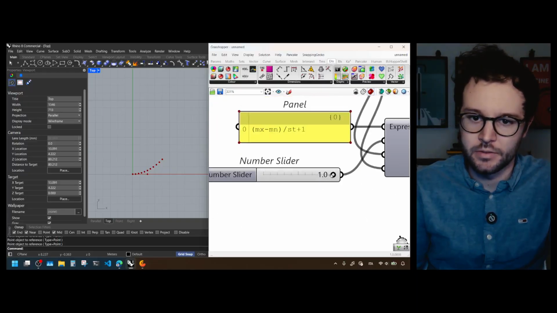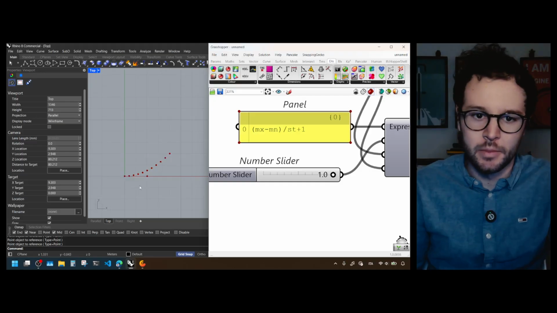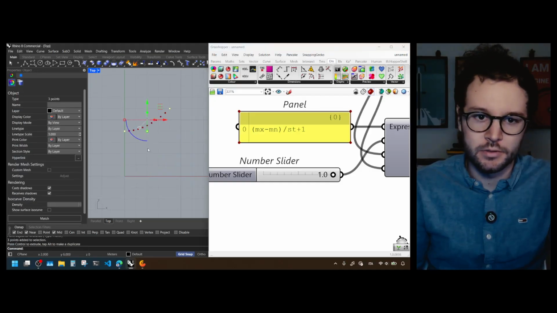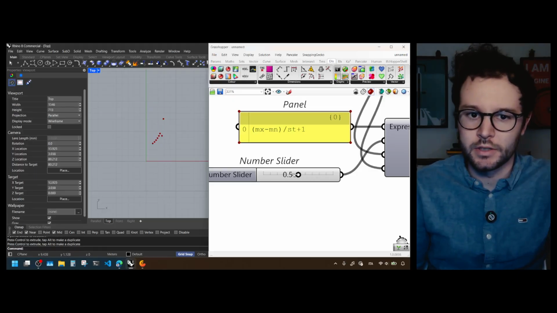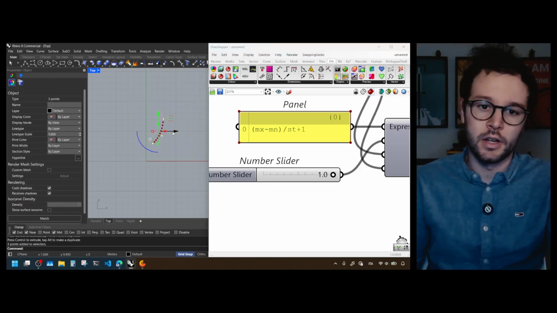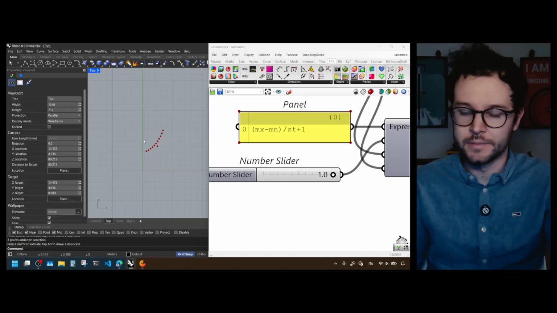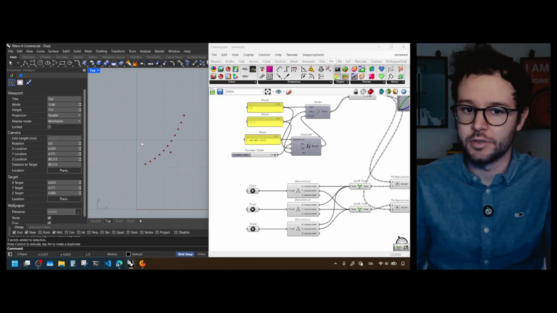And same as before, if we move the value of t, we get from the first point to the end point. But now if we move these points around, and you can even rotate them, this will work just the same way, because it's based on the position of the points, not anymore on x and y in an explicit form.